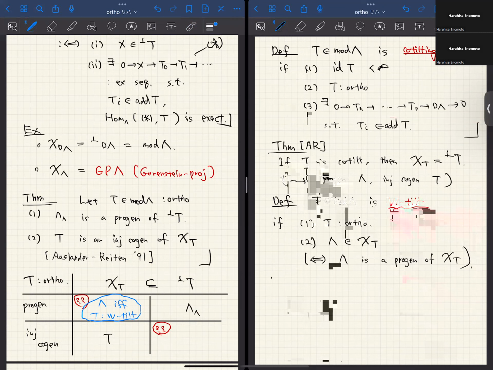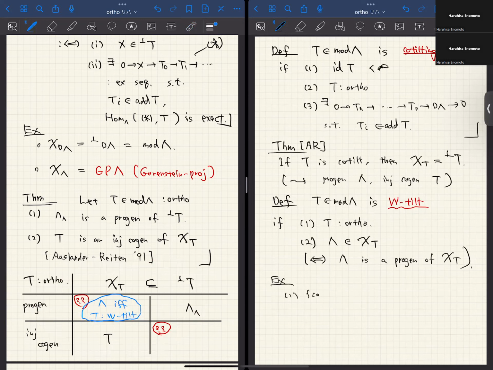I will write some examples of Wakamatsu tilting modules. By the above theorem of Auslander–Reiten, every cotilting module is a Wakamatsu tilting module. So we have this inclusion. And the second is more important.